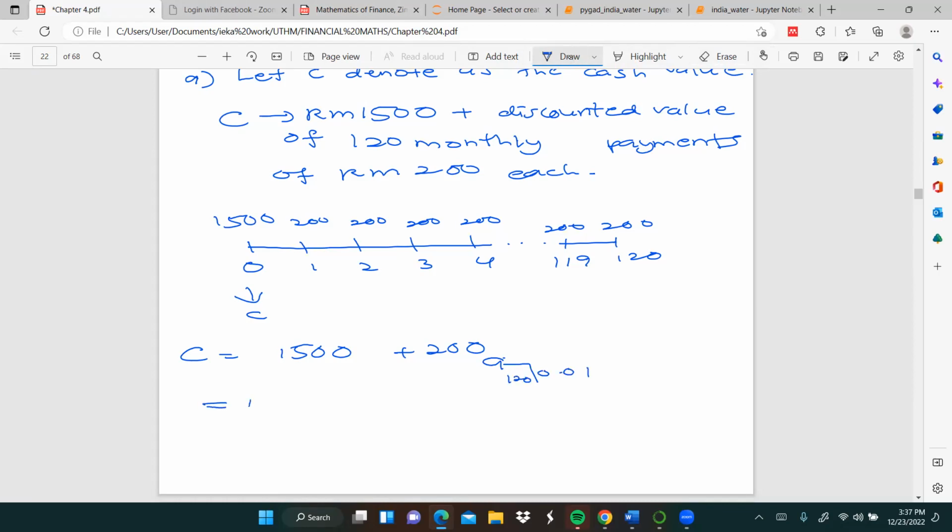So we have 200 times 1 minus 1.01 to the power of negative 120 over 0.01.